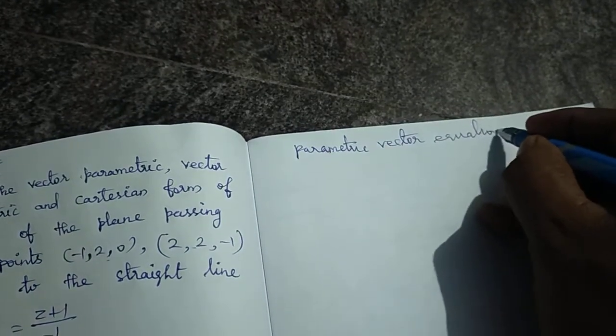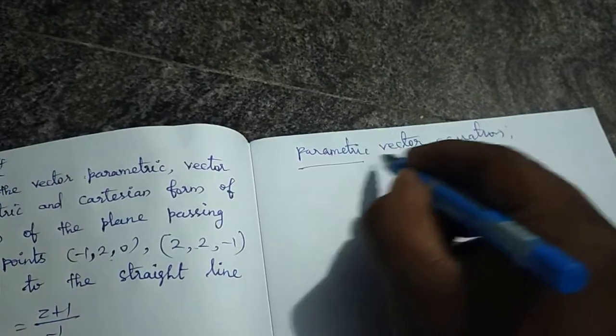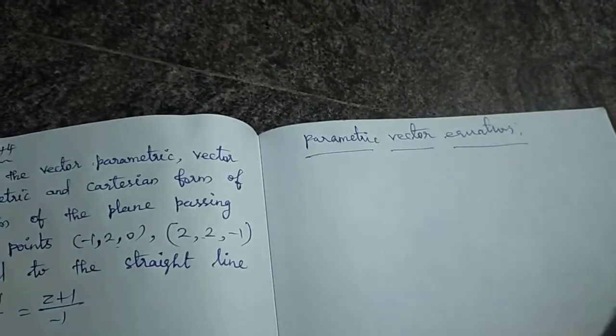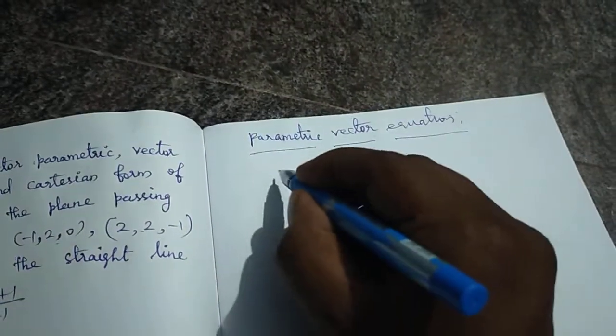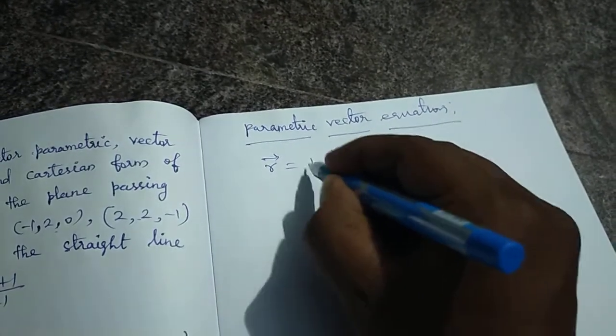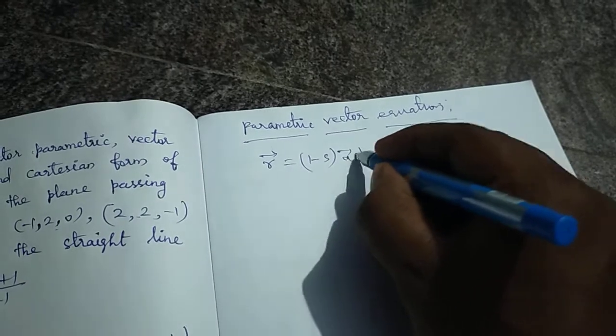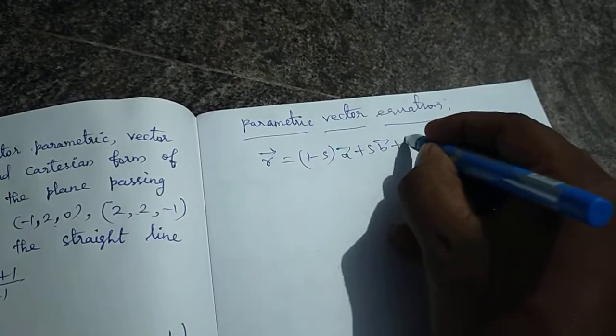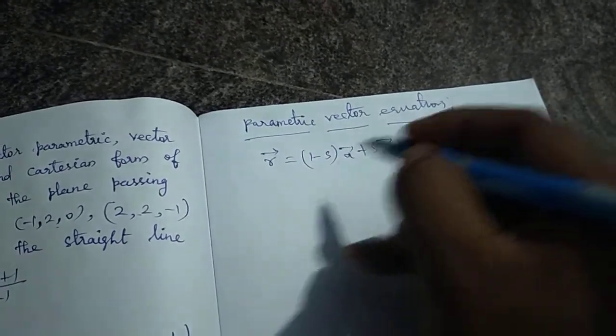Parametric vector equation. This is one of the 5-mark questions. It takes some more time, but it is very easy. Formula: r vector equals (1 minus s minus t) times a vector plus s b vector plus t c vector.